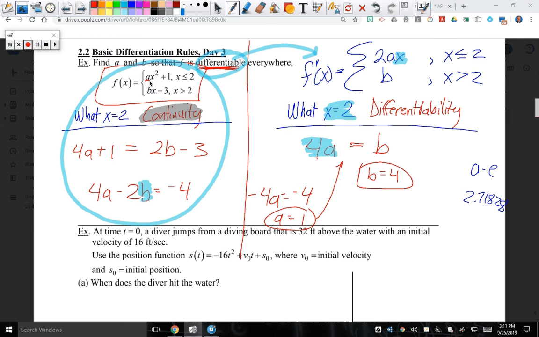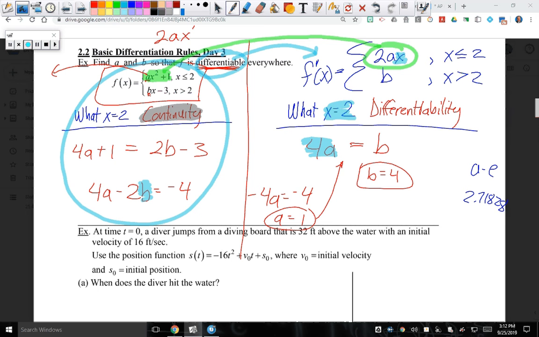Because I'm treating a and b as constants. Right, but like, so you have ax squared plus 1. How do you get 2ax from that? Because the derivative of this, you do the power rule, so it'd be 2 times ax to the power of 1, because it's n minus 1. Oh, okay. You see that? Here's another thing that you could do if you didn't see that.